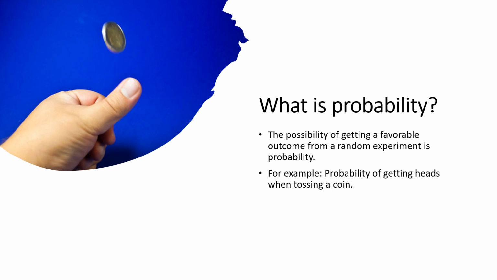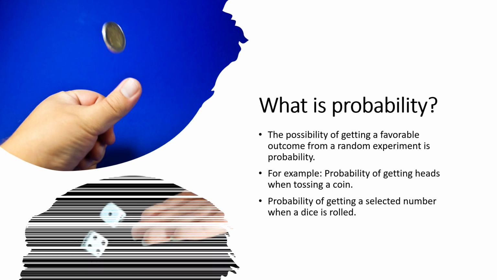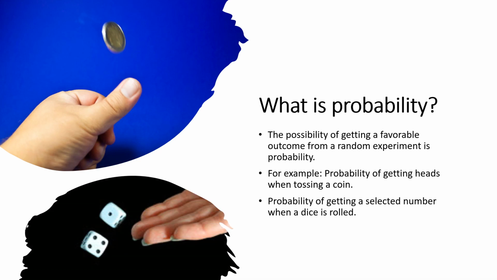So the probability of the outcome of tossing a coin is either a head or a tail. So these are the probabilities of tossing a coin, one of the actions which results into our experiment. So similarly, the probability of getting a selected number when you are rolling a dice is like 1 to 6.